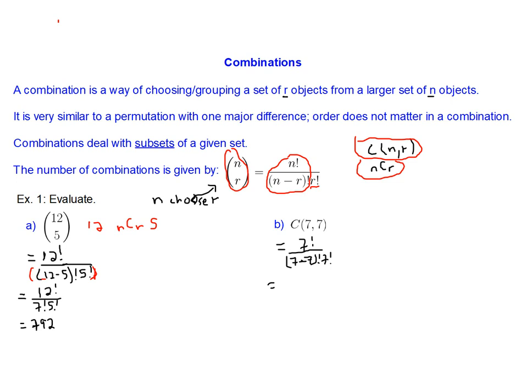We'll simplify this. We'll leave the 7 factorial for now. 7 minus 7 is 0, and the 7 factorial stays the same.